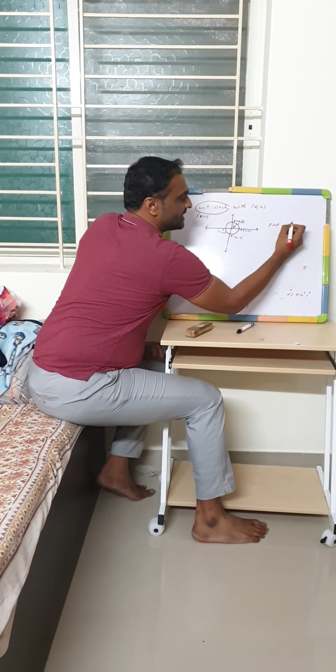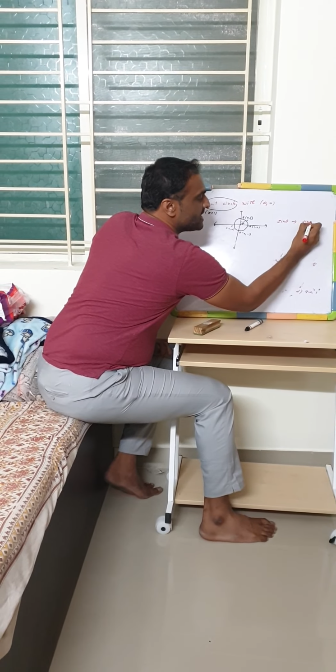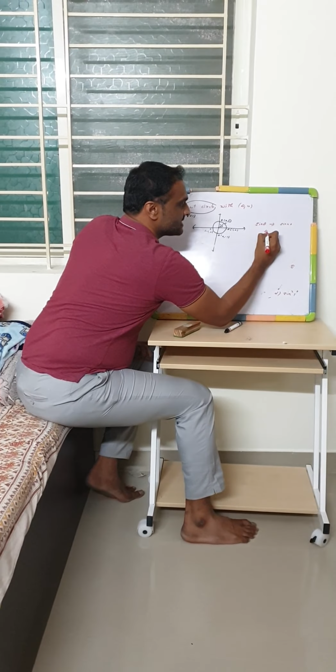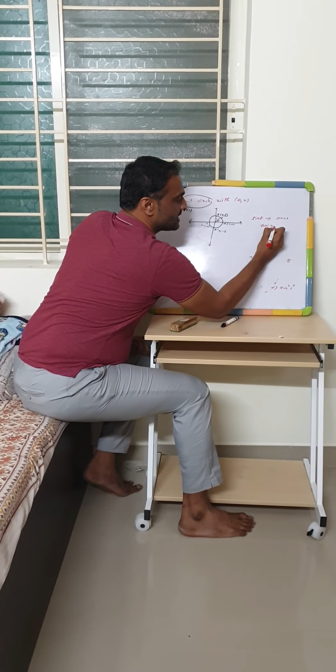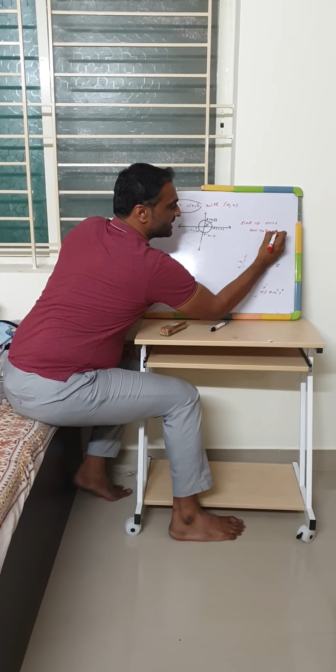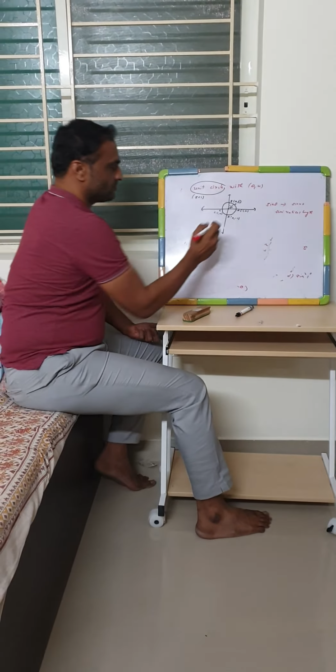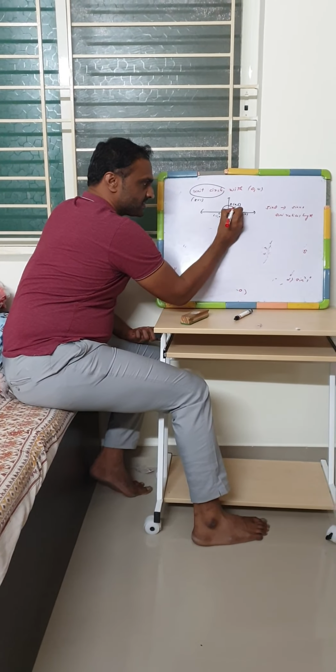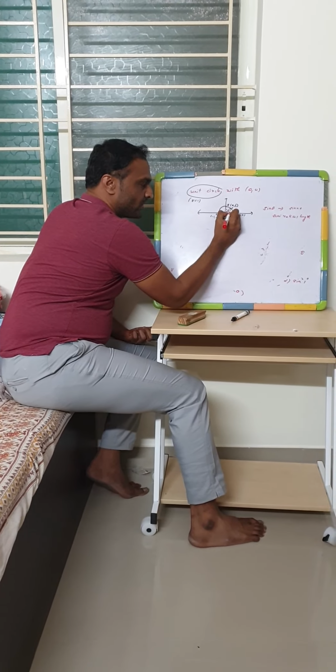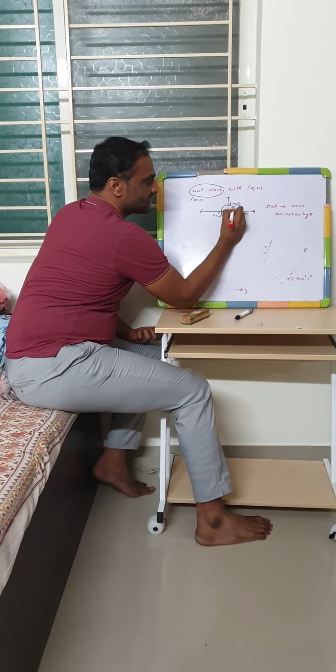In Latin it is called sinus. Sinus means semi-vertical length, vertical length, right? So if you draw the perpendicular distance from this point to the x-axis, this is called sin theta.